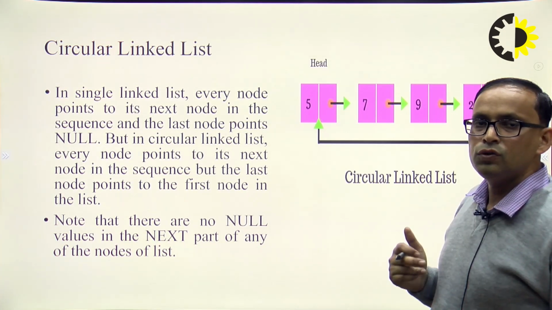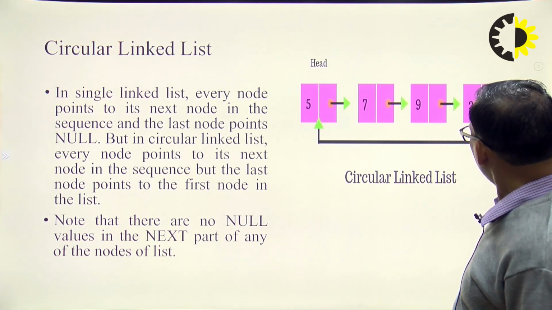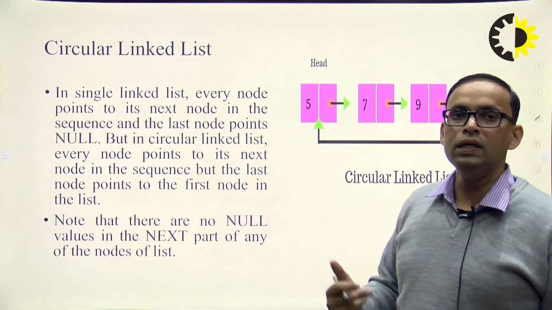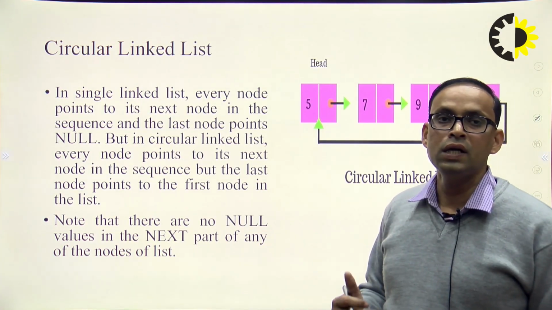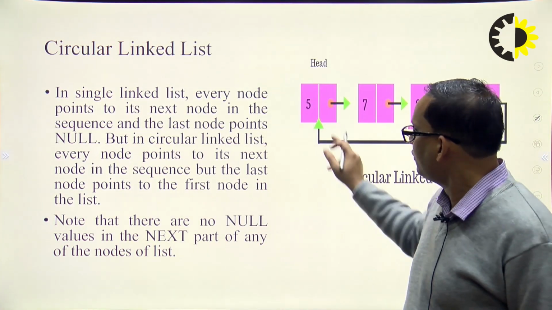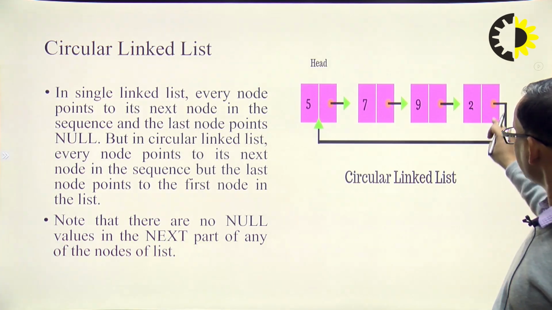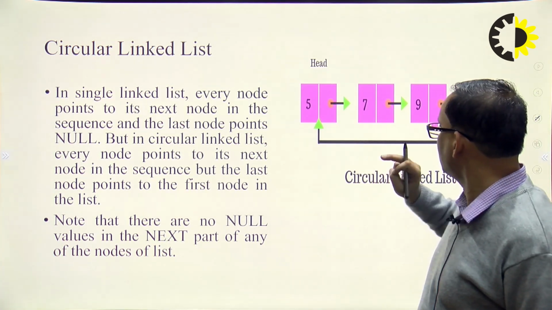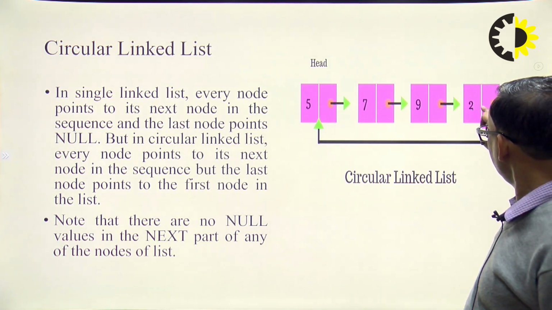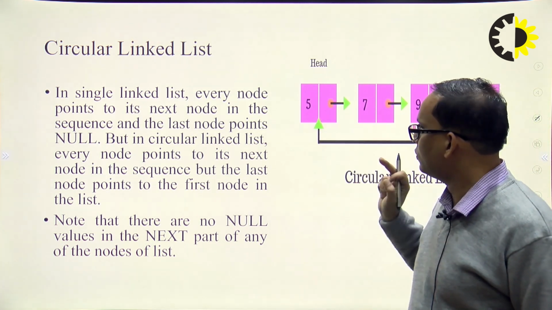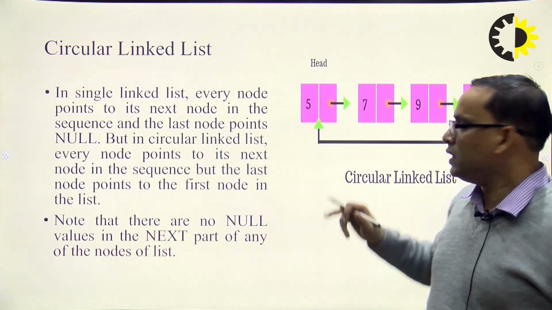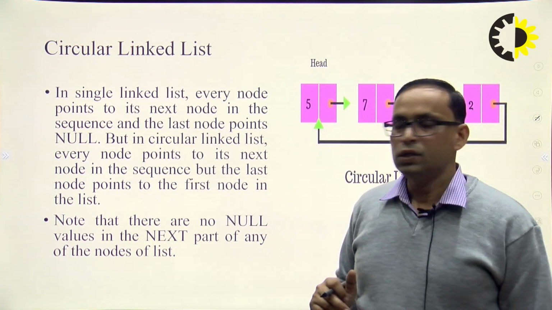So in case of singly linked list, the address field of this node will be null, but in case of circular linked list, the address field of the last node will contain the address of the first node. So in this way, the last node is connected to the first node, and it makes a circular linked list.